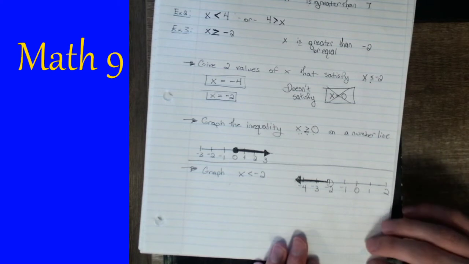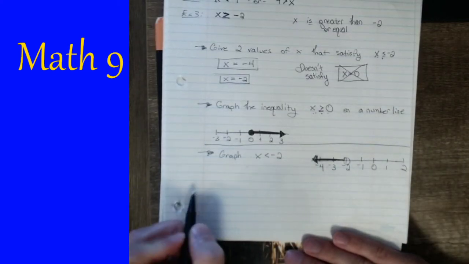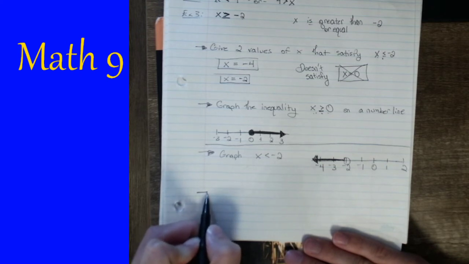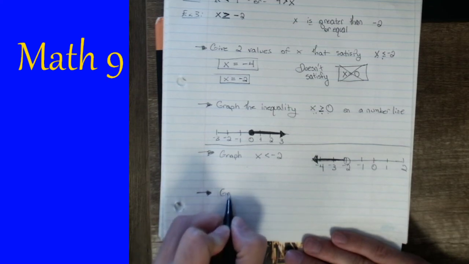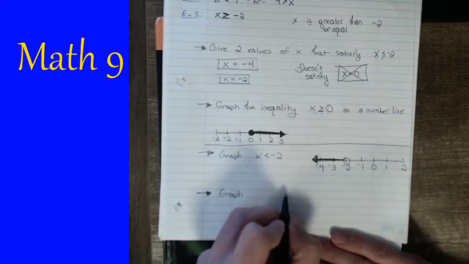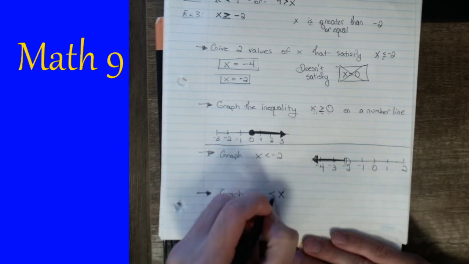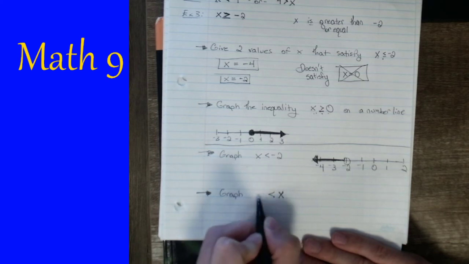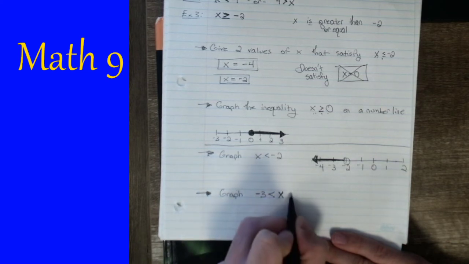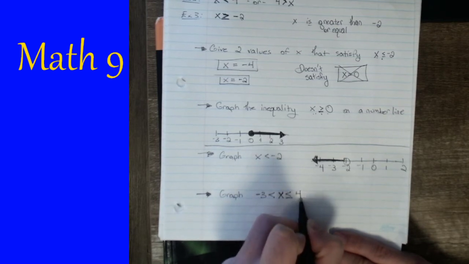Okay, so I hope this is making some sense. There's one more graphing example that I'd like to go through, something you'll see as you move on through high school. How would you represent that x is greater than -3 but less than or equal to 4?